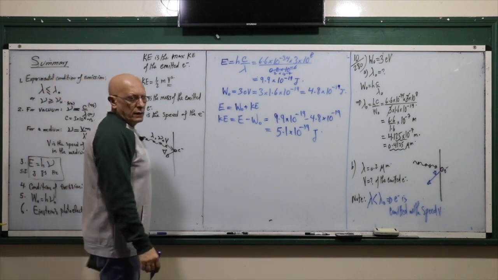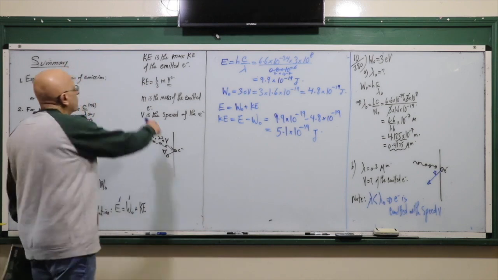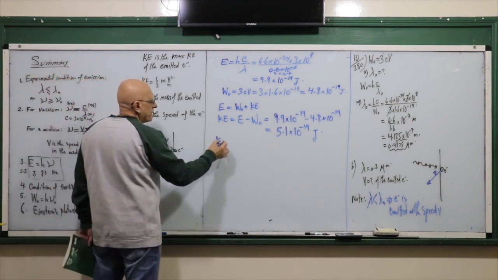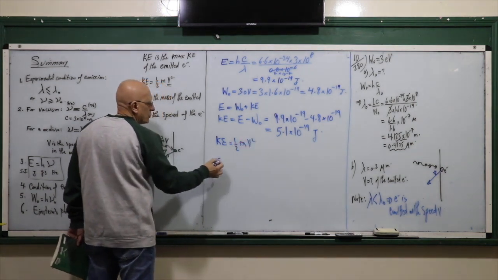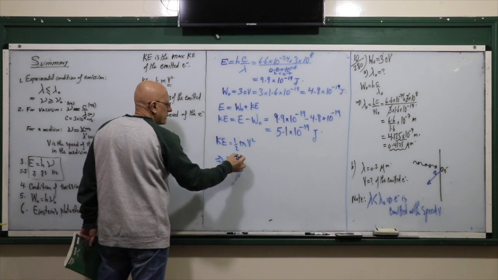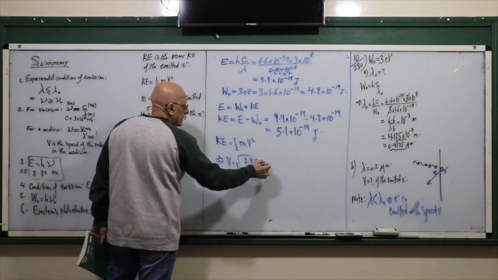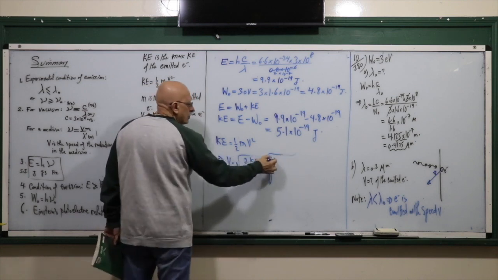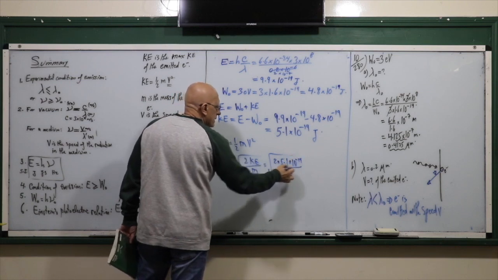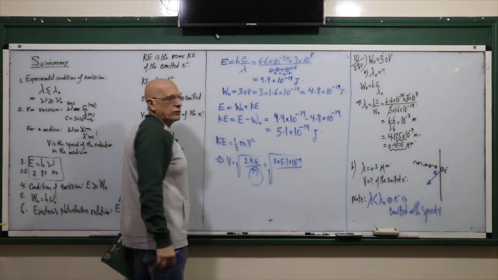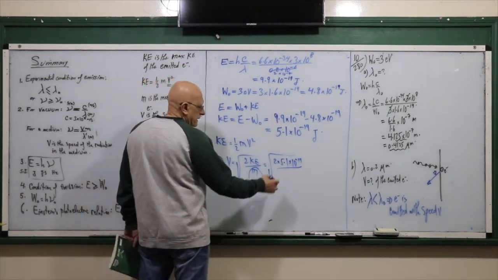Okay, I calculated the kinetic energy. Now I can find the speed using this formula. The kinetic energy is equal to half mv squared. So this implies V equals the square root of 2 times kinetic energy over m, which gives you 2 times 5.1 times 10 power minus 19. The mass of the electron is given at the beginning of the exercises.